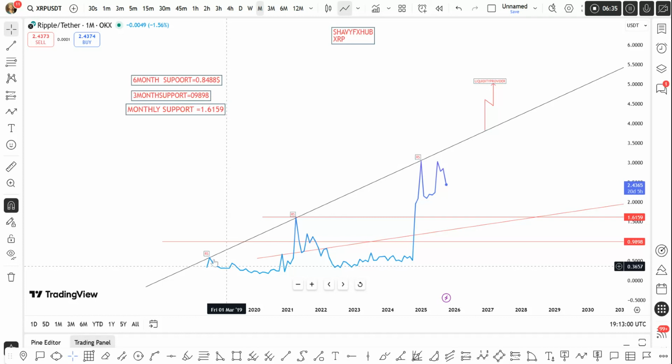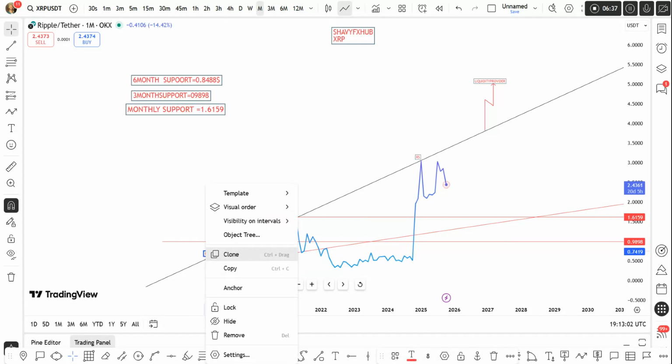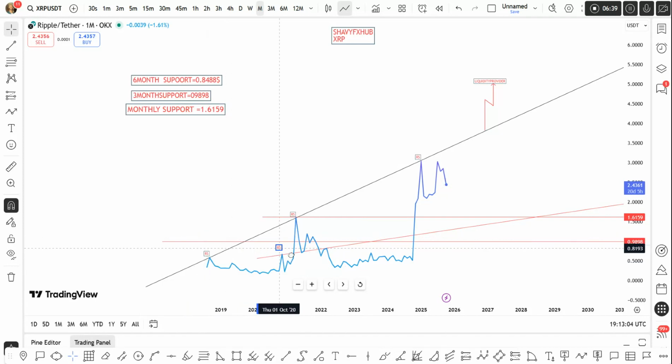So on a monthly time frame, here is RS, resistance becomes support, break of structure, price returns here as a retest candle.